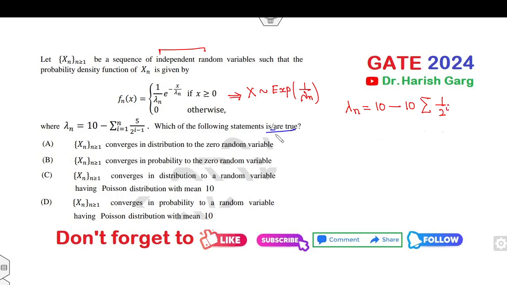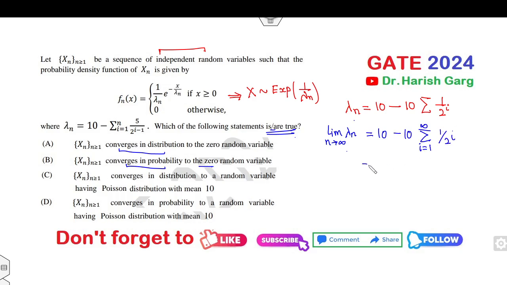Then which of the following statements is or are true? Convergence in distribution, convergence in probability to the zero random variable. That's fine, it's very simple. How can you form that? Xn converges to what? Xn converges to the mean. So can you find this limit firstly? Fine. It is 10 minus, i varies from 1 to infinity.